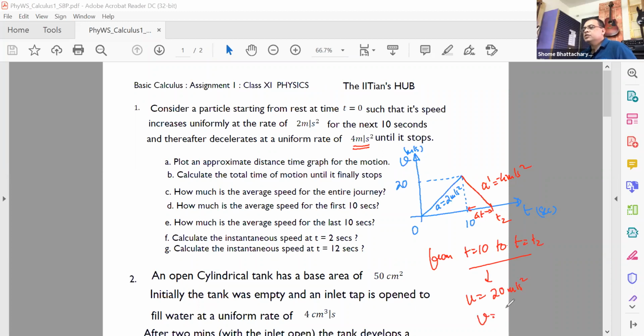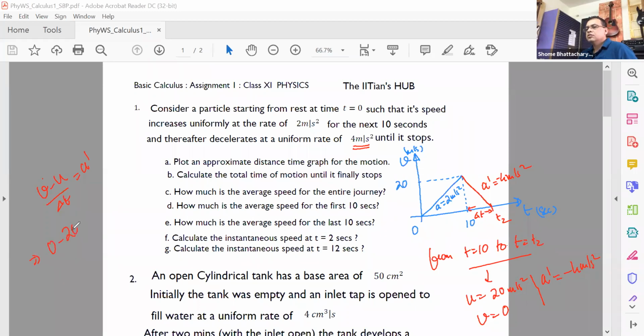The final velocity at the end of t2 is how much? It's 0. And the deceleration is how much? It is 4 meters per second square. So from that we can understand what this delta t is. We can say that v minus u divided by delta t should be equal to the acceleration. Right? This step is clear now?